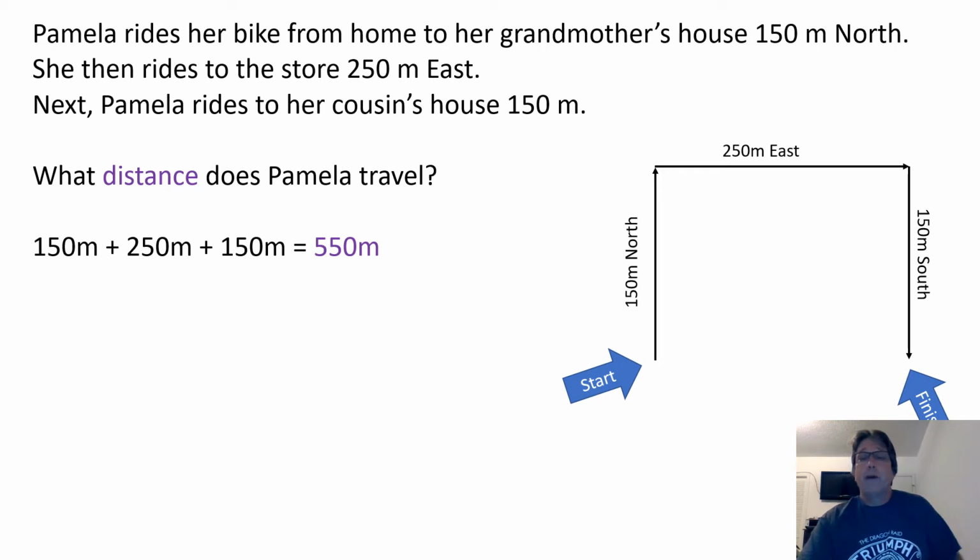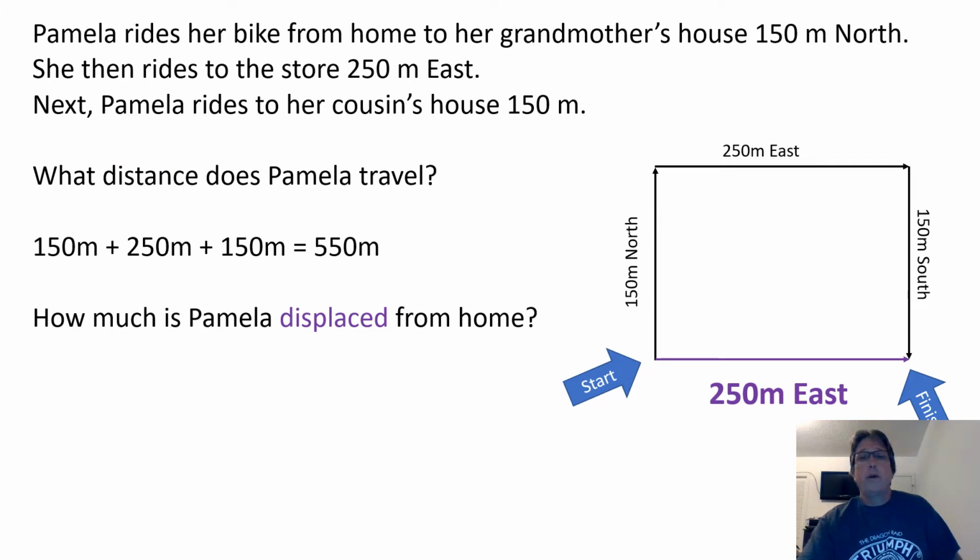She traveled 550 meters. On the other hand, if we want to know how much she's displaced from home, her displacement is straight from start to finish, which is only 250 meters to the east. Notice that we have both a distance and a direction.